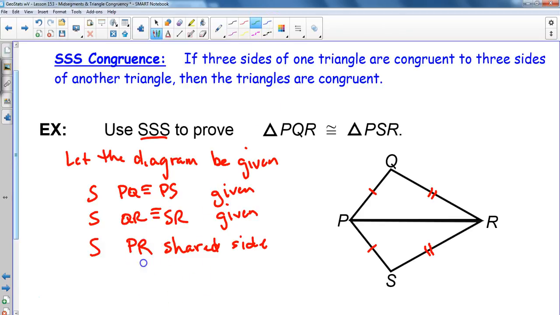The other way to argue this, and you don't have to give both of these arguments, is that PR is congruent to PR by the reflexive property. The reflexive property really just says that something is congruent to itself. I like the shared side argument because it makes a little bit more sense, puts it into our own words. But these two essentially are the same exact argument.